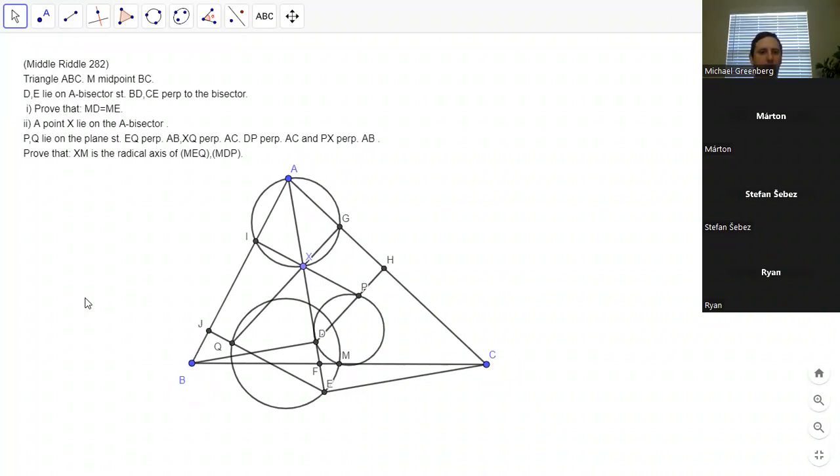They're probably telling us that for a reason. We need to show X has the same power with respect to those circles. We have two trapezoids here and here.